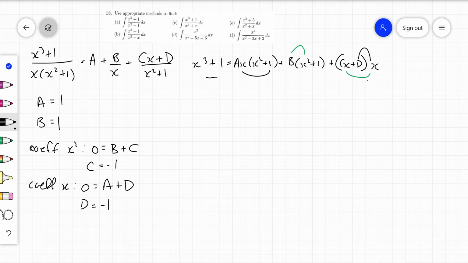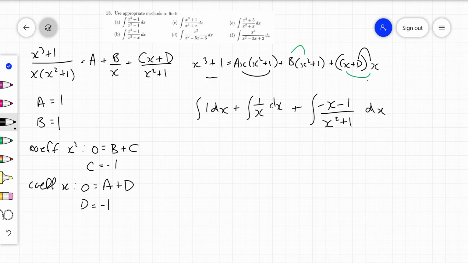All right, so putting that into the integral, then we would have a b on x, b is 1, so just that one. Now here we've got minus, so we've got a cx plus d here, so I should do it properly. So we've got plus, and we've got -x, -1 on x squared plus 1 dx.